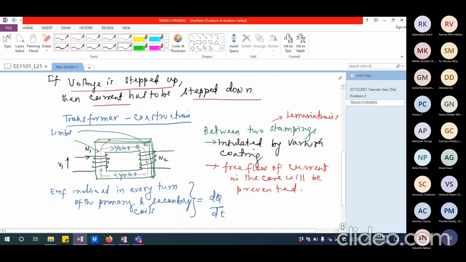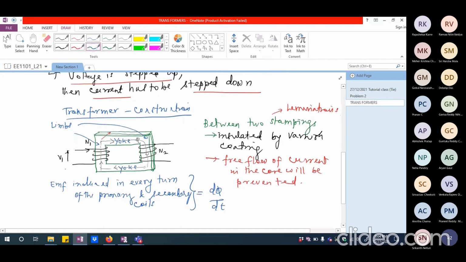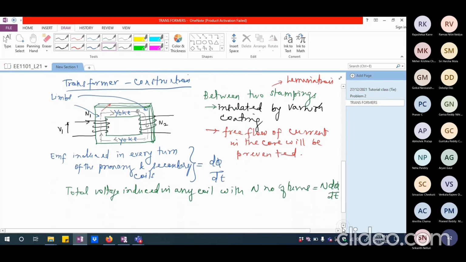And according to Faraday's law, the total voltage induced in any coil with n number of turns is going to be equal to n d phi by dt.